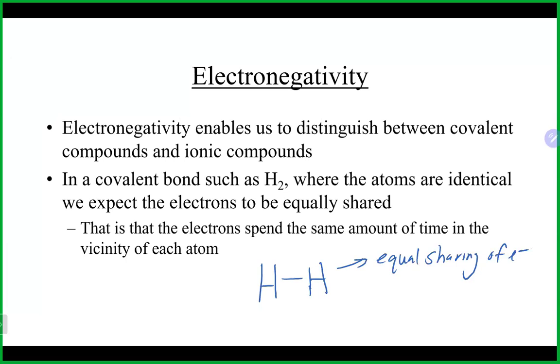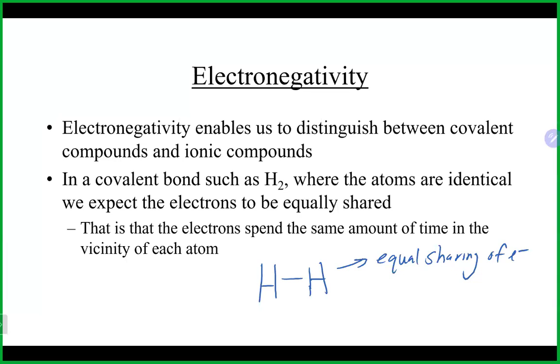And when we get equal sharing of electrons, what that means as a whole over the bond, we have an even distribution of that negative charge with the positive charge. And you could think of this bond as being neutral. There's no side that's more positive. There's no side that's more negative. Everything is going to be shared pretty equally between those two atoms.